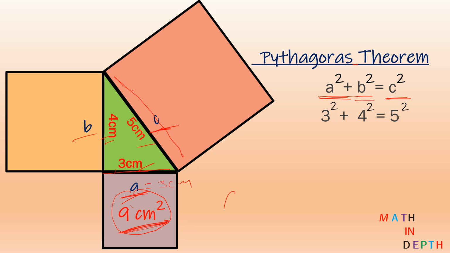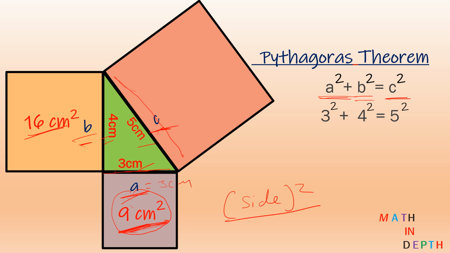Okay, we know that the area of any square is the length of the side squared. Whatever the side is, the square of that side will be the area of that square. Fine. So here the area of this square will be 9 centimeter square. In the same way, the area of this square should be 16 centimeter square. Okay, it's 16 centimeter square.